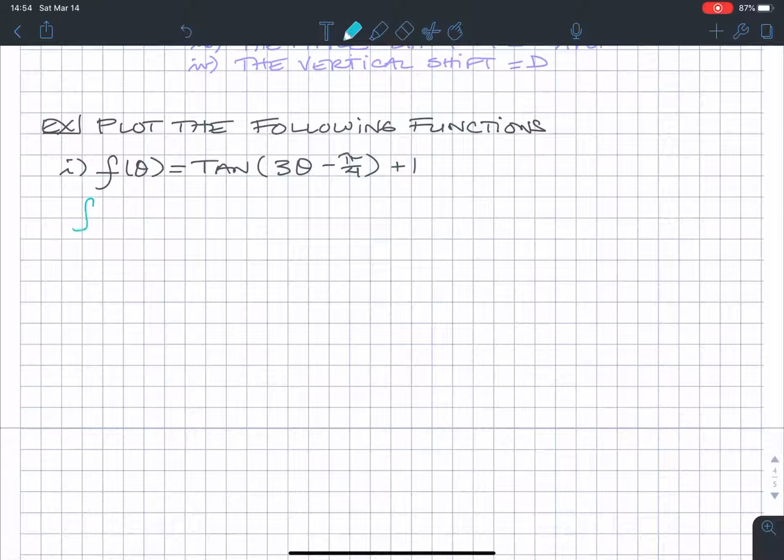First I'll rewrite f of theta, but now I'm going to factor out the coefficient of theta. So this will be tangent of 3 times the quantity theta minus pi over 12, and then plus 1 on the outside.